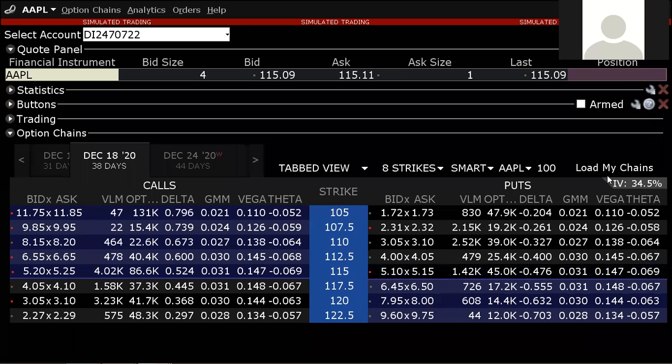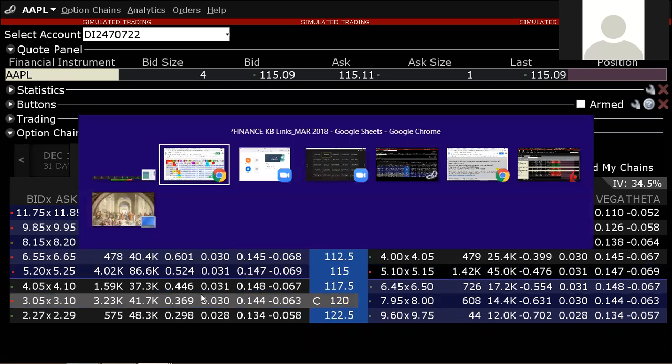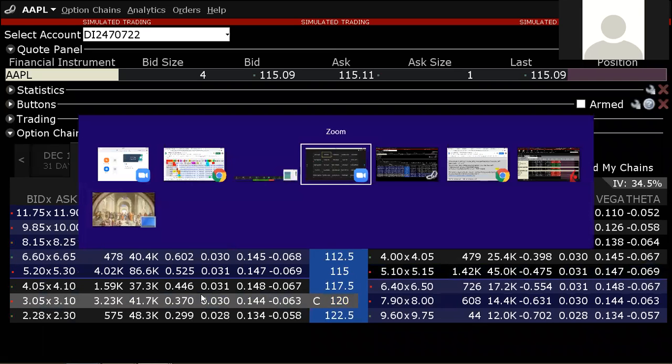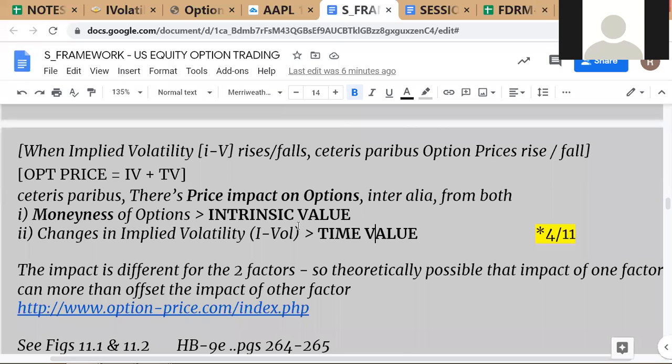Okay, all right. So what we were talking about is that we are trying to understand this point that the price of the option is affected by both IV and TV.